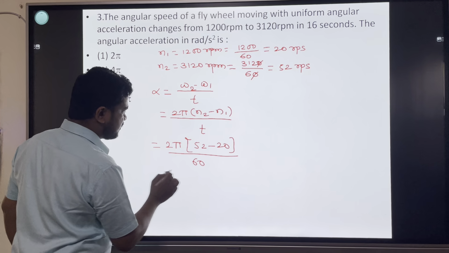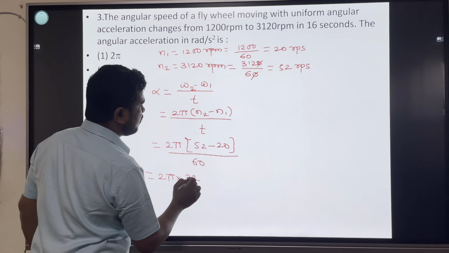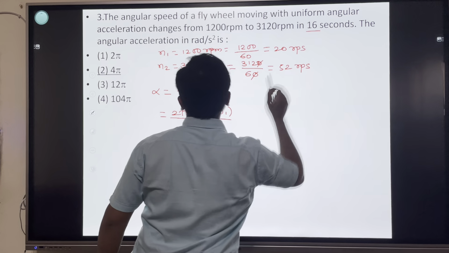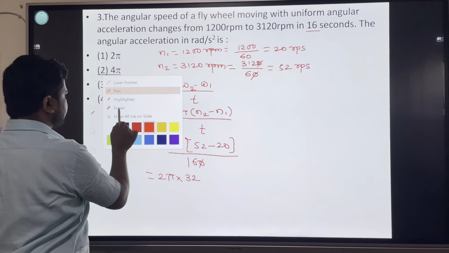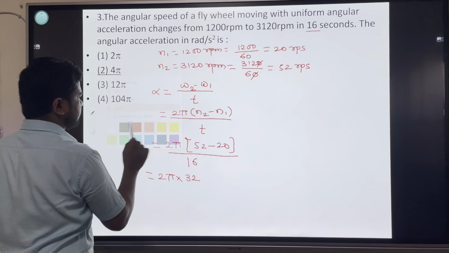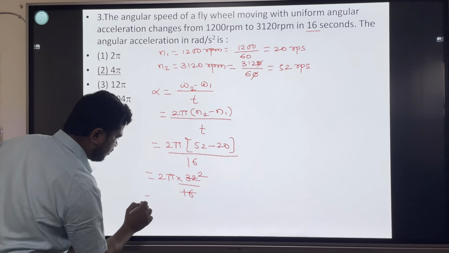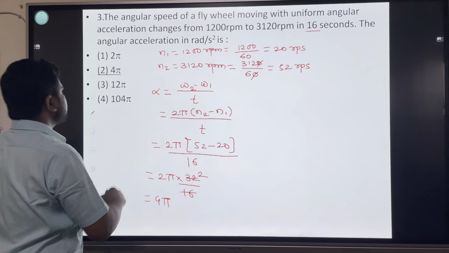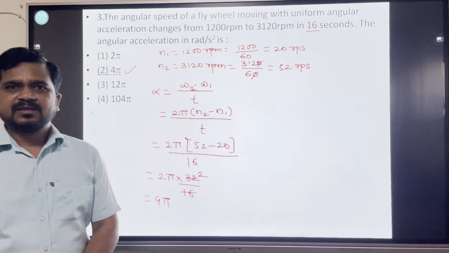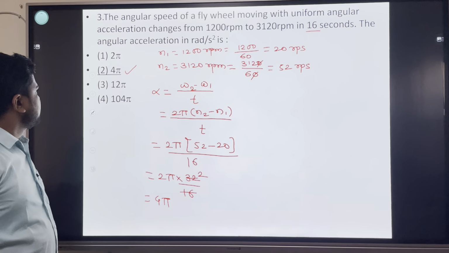So 2 pi into 32, divided by 16, as time is 16 seconds. 32 divided by 16 is 2. 2 into 2, 4 pi radian per second square. Very simple question. Did you understand? Okay, next question.